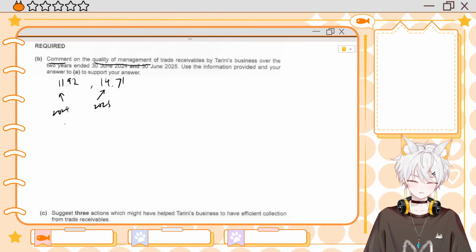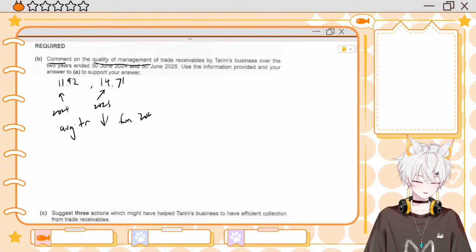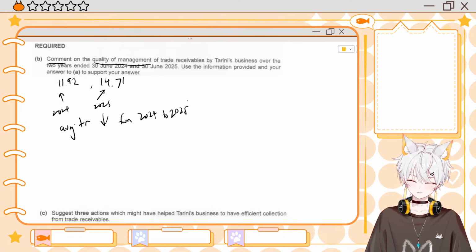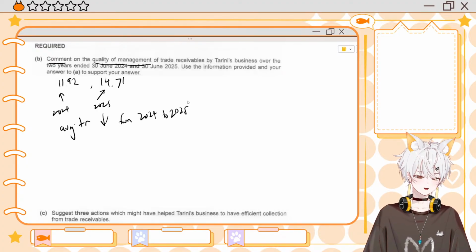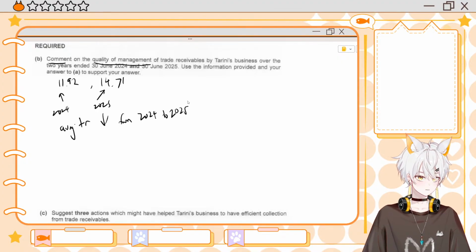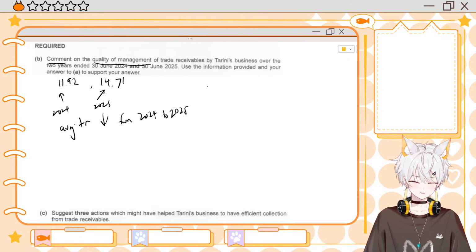So for example, if your average trade receivables actually drop from 2024 to 2025, it means that the number above is not as significant, right? So what do I mean by that? Take, for example, we just take a very simplified case, right?